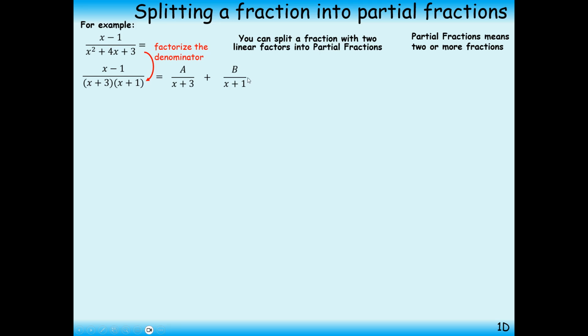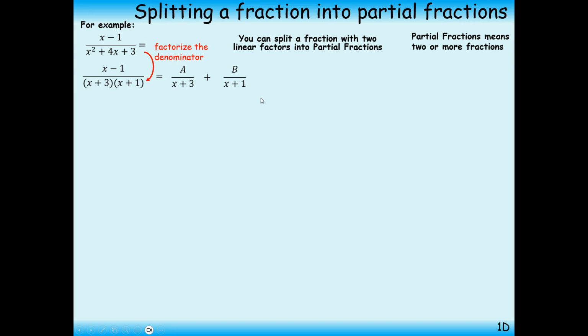Yes, we don't know what capital A and capital B are, but we can figure them out because we do know the laws of fractions and how we added fractions. How did we add these two fractions? Let's cover up that left hand side, and pretend that we are just adding these two fractions on the right.